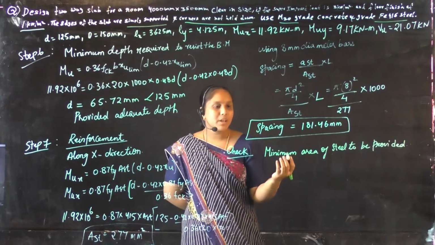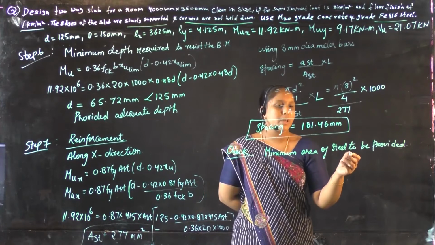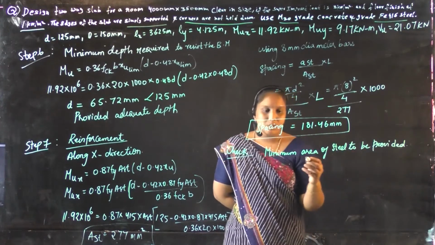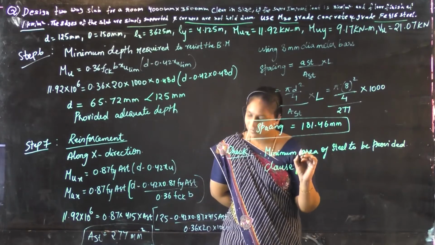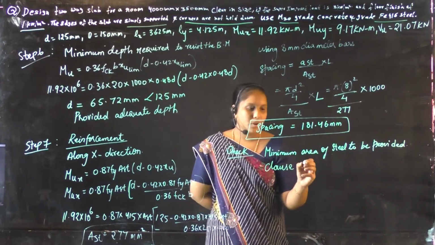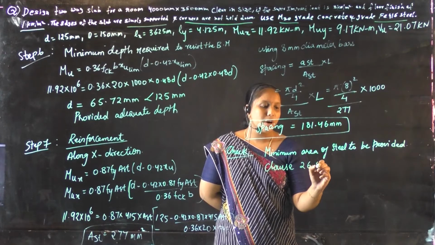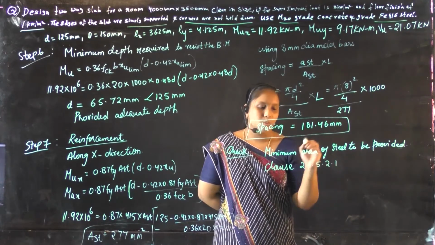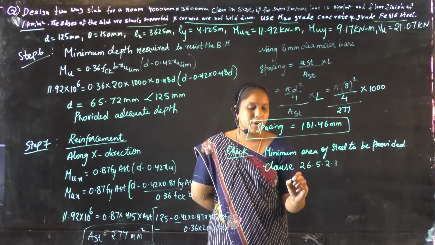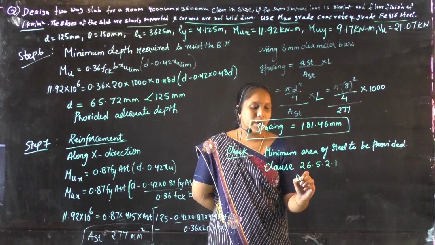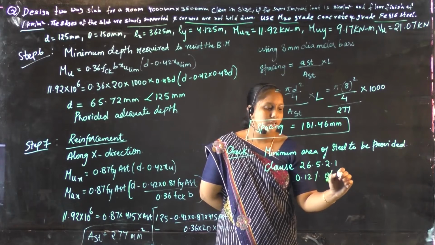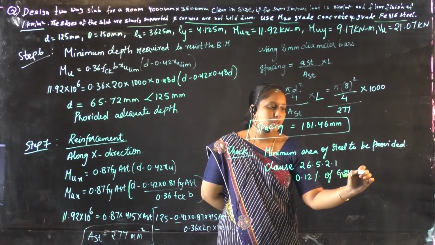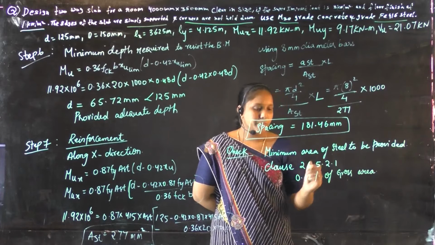So what is the formula for finding out the minimum area of steel to be provided, which is given in clause 26.5.2.1? It is nothing but 0.12% of the gross area.